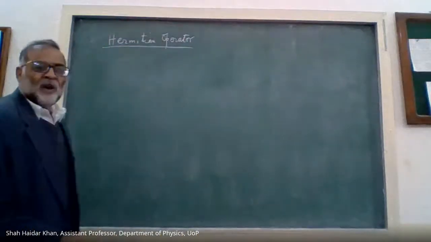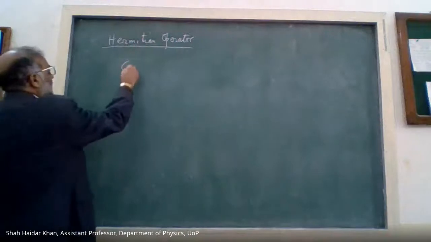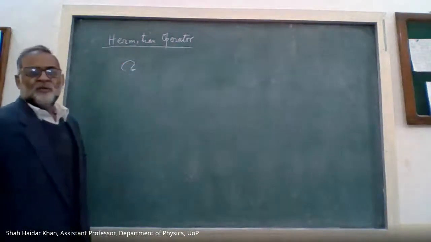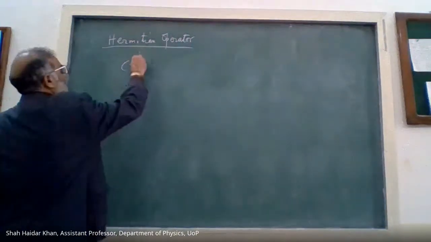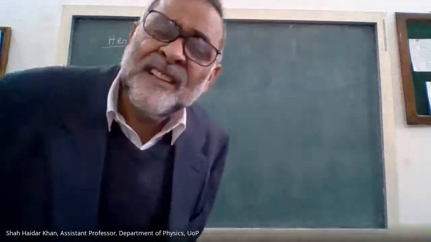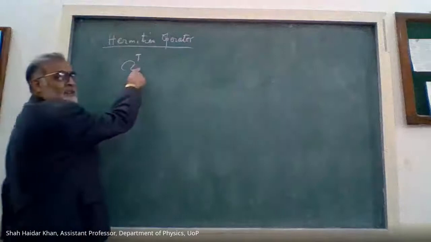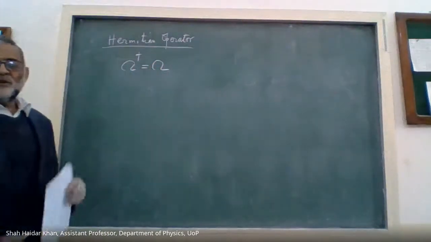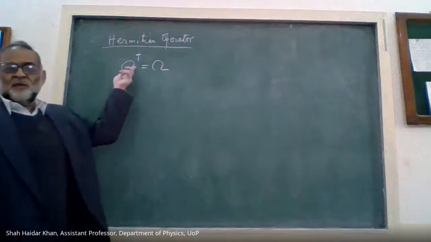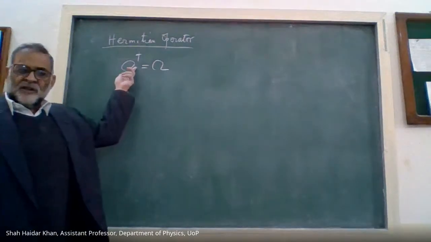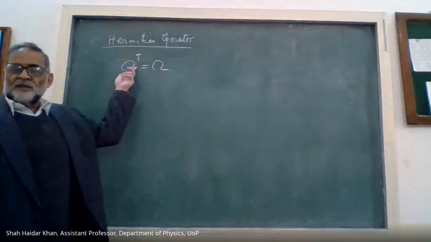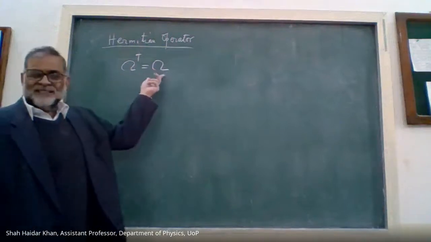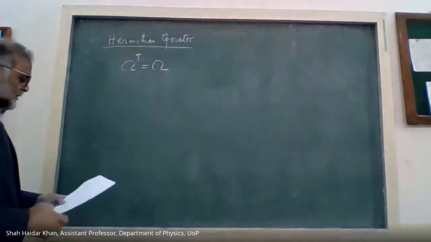So if we have omega as an operator, it will be Hermitian if its dagger, meaning adjoint, is equal to itself. We call it a Hermitian operator.